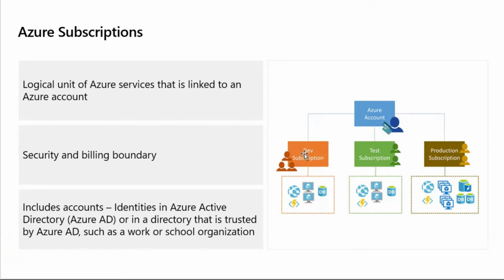In this way, it will be easy for you to control the account, resources, billing and cost as well. And under each of the subscriptions, let's say you deploy some virtual machines, databases, and other networking services. So some services are running under each of the subscriptions.